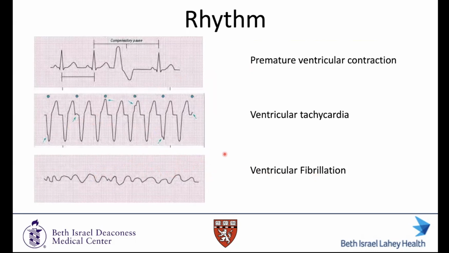Jason, any other tips for people when they're approaching basic rhythms? Well, I think it's just how you laid out in these previous two slides. When I'm reviewing cases myself, I think about what's going on in the atria and what's going on in the ventricles. We try to consider patients as having an isolated rhythm, like atrial fibrillation.